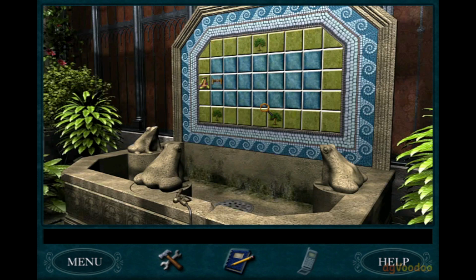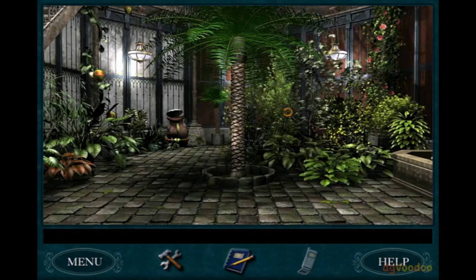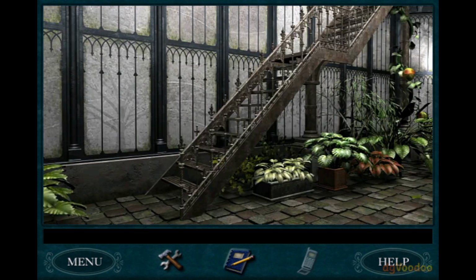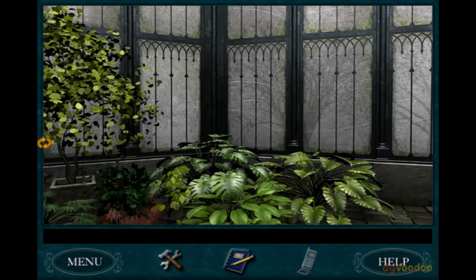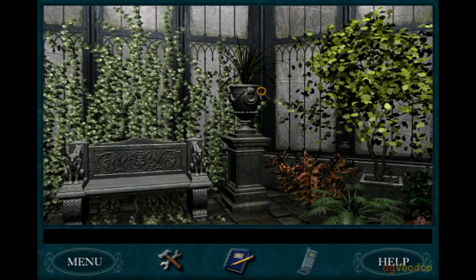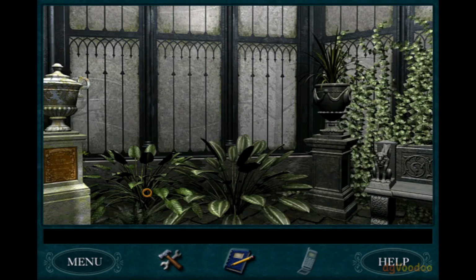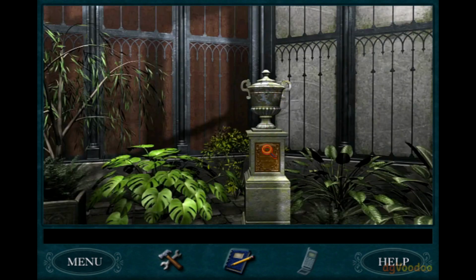I was like, oh, that's totally one. But nope, not a puzzle. Just looked like one. Some plants here. Nothing we can interact with though. Bench. It is really pretty.